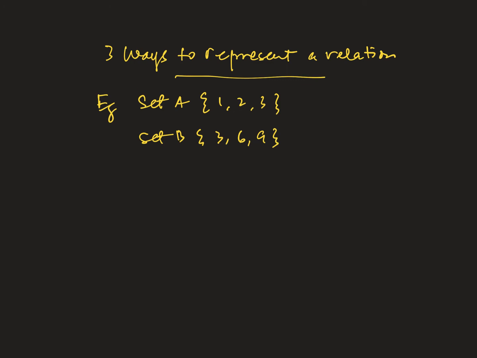There are three ways to represent a relation. For example, if we have set A and set B, where the element in set B is 3 times the element of set A. One way to represent the relation is by the arrow diagram.